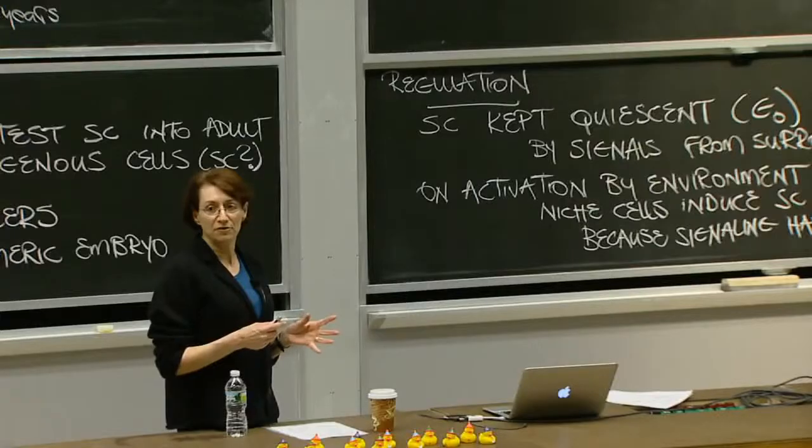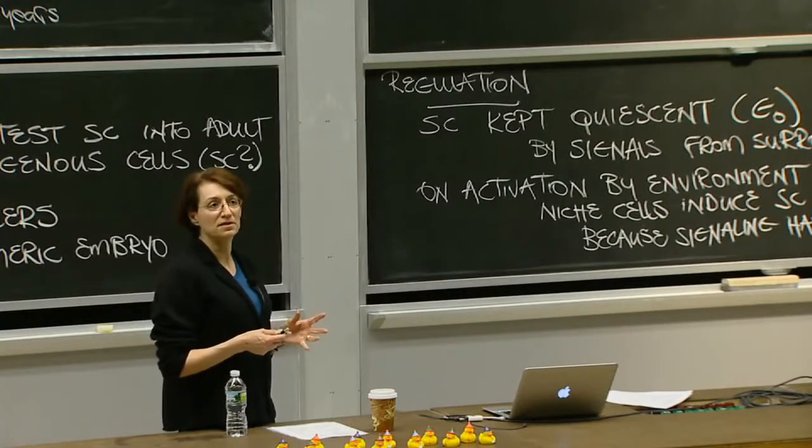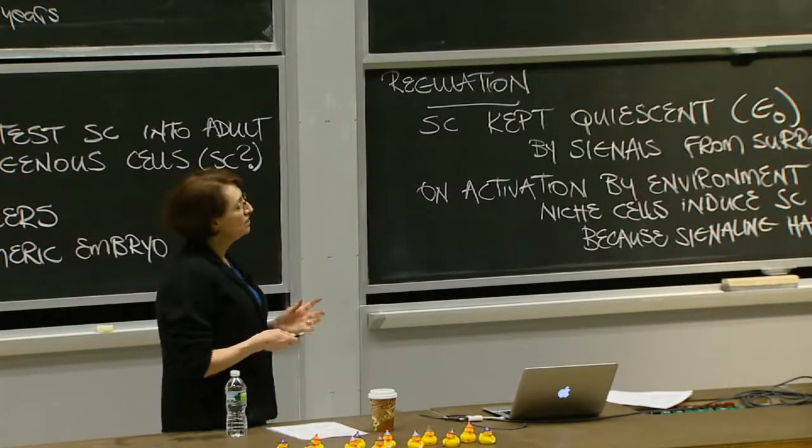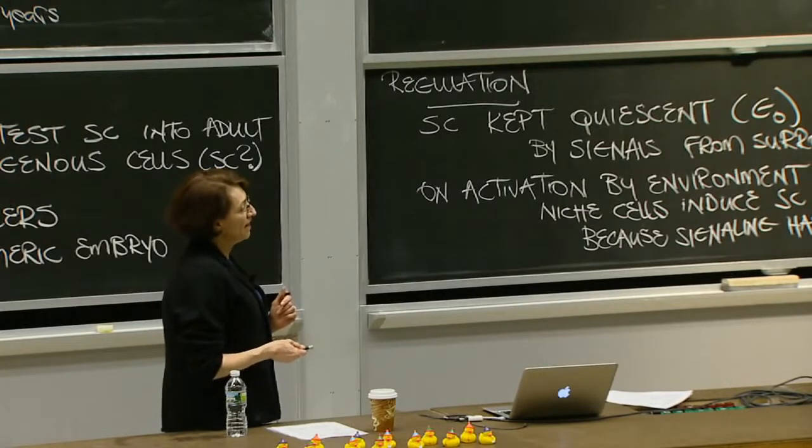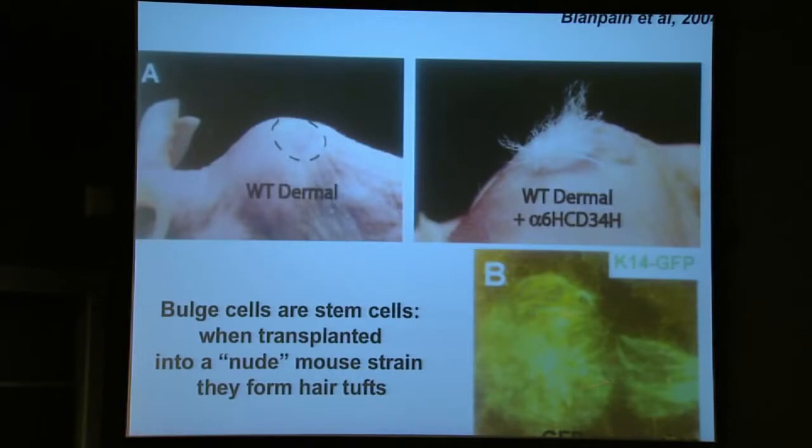And you've done a careful experiment where you've labeled the cells you've transplanted so that you can show that they actually came from the transplanted tissue and not from the nude mouse tissue. You can do that because you label them with GFP and they're green. So there's the green hair, and it shows you that these bulge cells are stem cells.